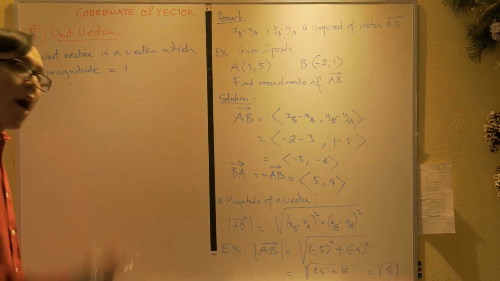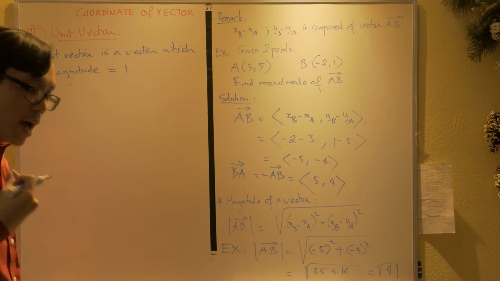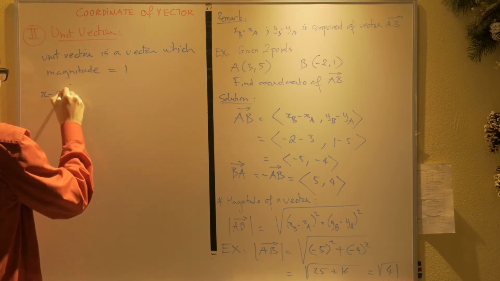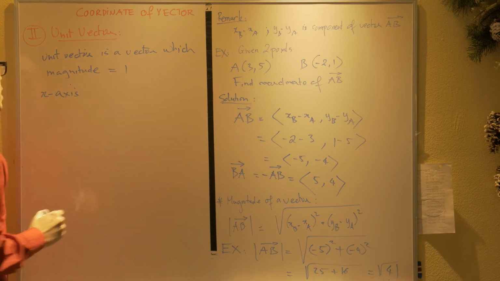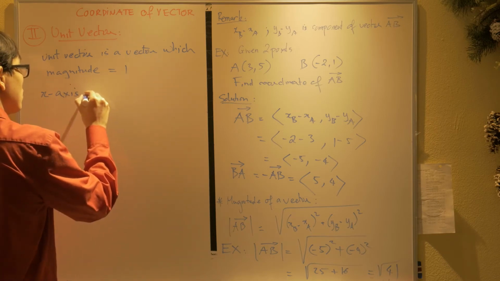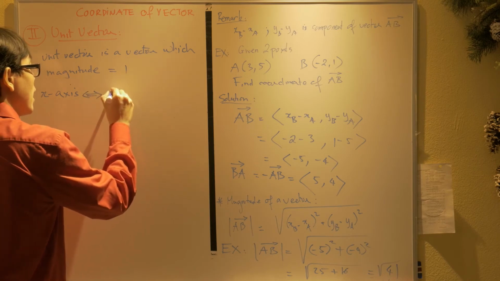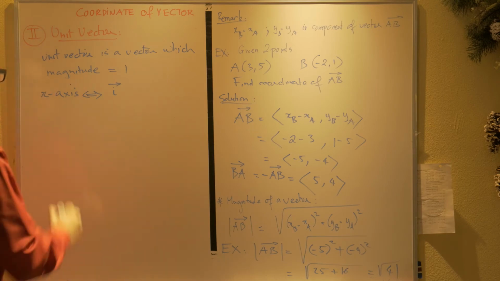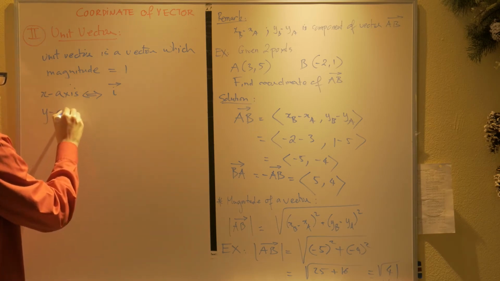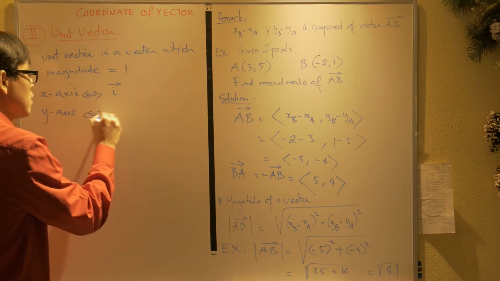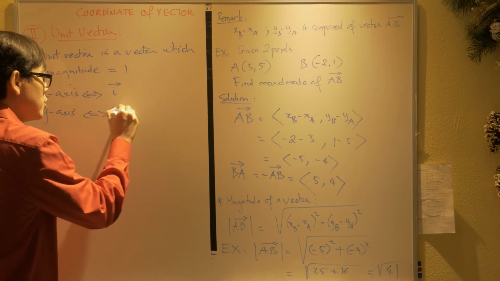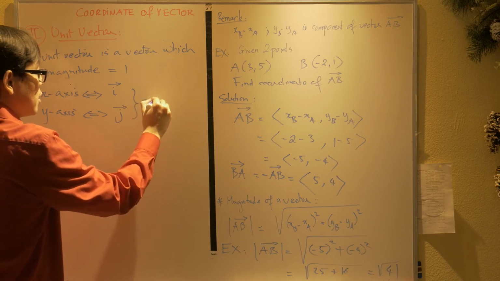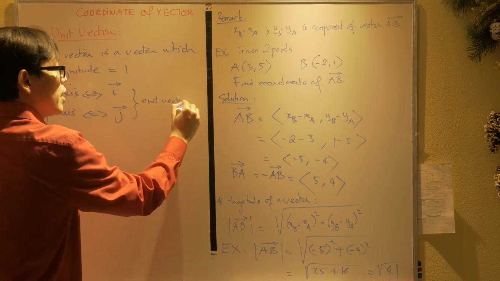And the x and y axes can be represented by unit vectors. The x-axis can be represented by a unit vector called vector I. The y-axis can also be represented by a unit vector called vector J. So remember, I and J are unit vectors. There are many unit vectors.